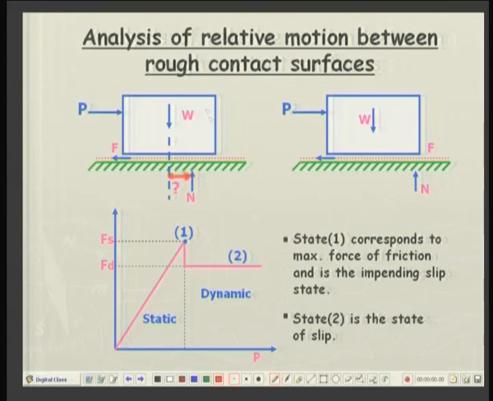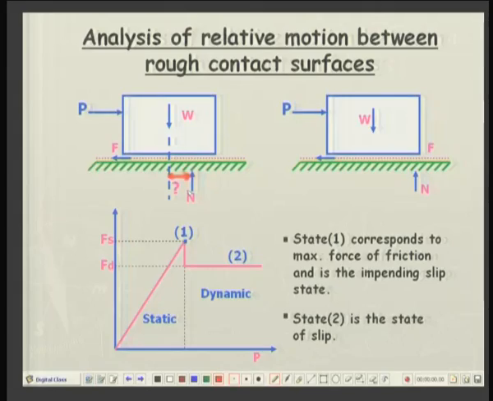So, the counterbalancing couple between W and N must be anti-clockwise, so that the normal reaction will lie to the right of the line of action of W. This distance between the two should be such that it exactly balances the previous couple.